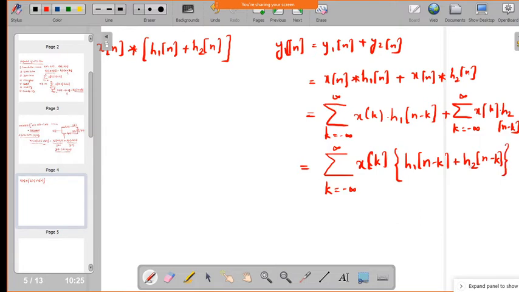The common part is the summation and x of k, and the remaining part is h1 of n minus k and h2 of n minus k. Now we can write this as the convolution of the individual impulse responses, is it not?